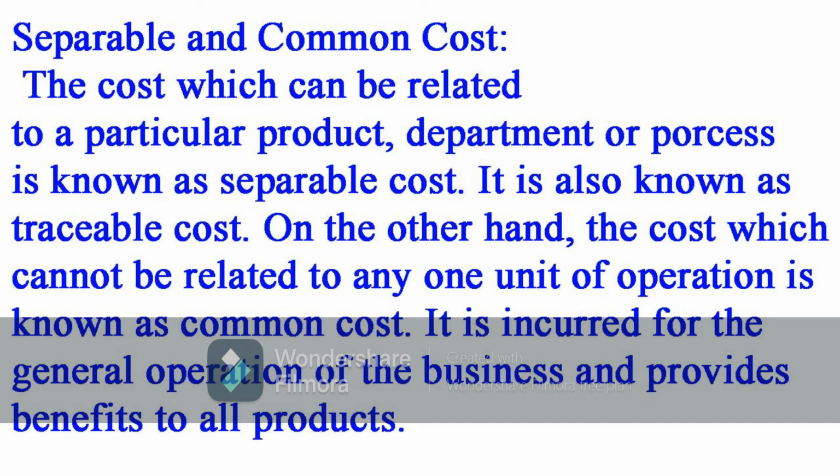It is incurred for the general operation of the business and it benefits all the products in the firm or the organizations. For example, the salary of a lecturer is separable cost in a college, whereas the salary of a campus chief is common cost. In the same way, the cost incurred for raw materials is a separable cost, whereas the payments for the electricity is a common cost.